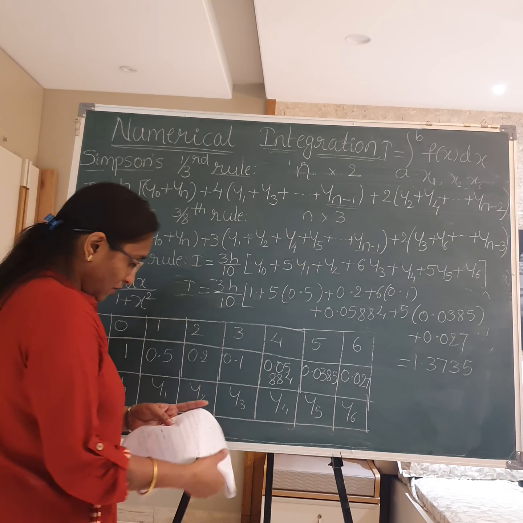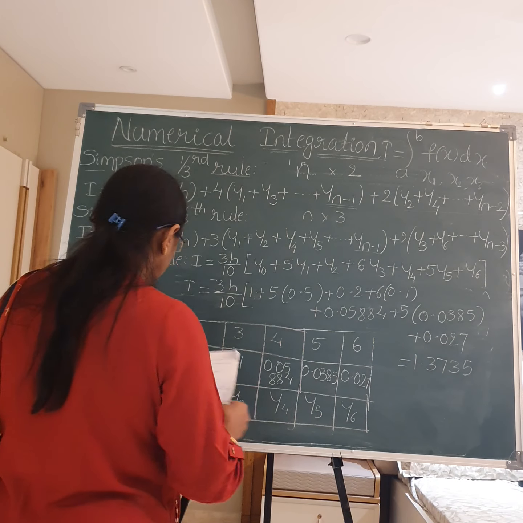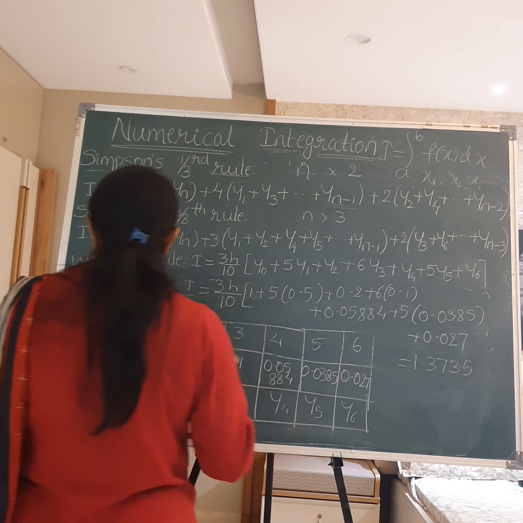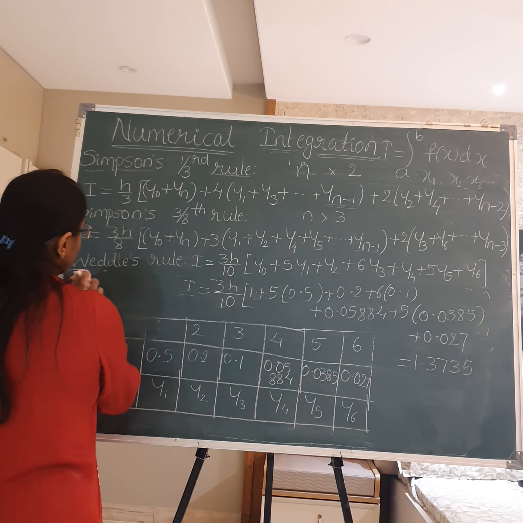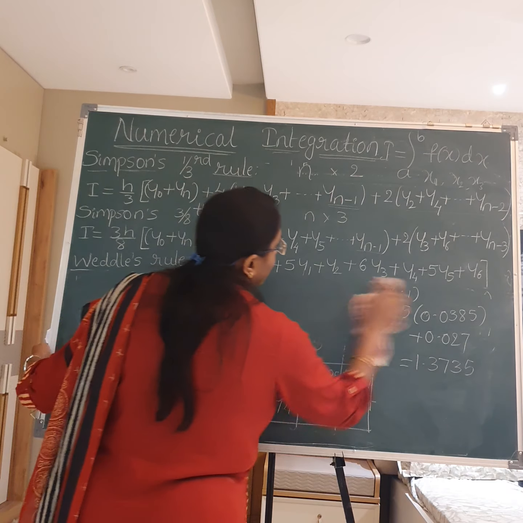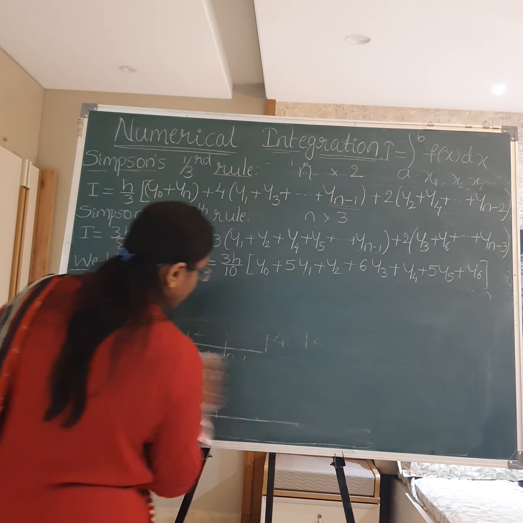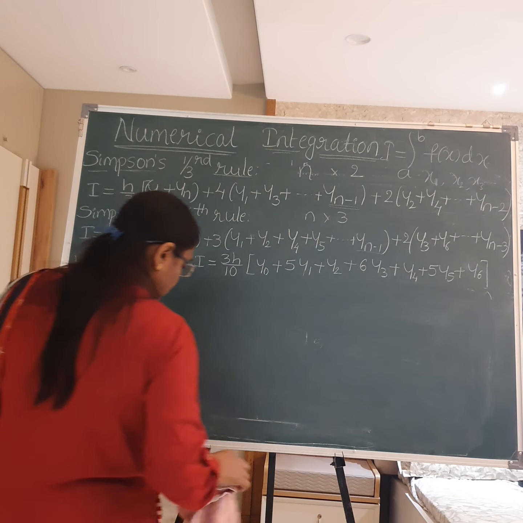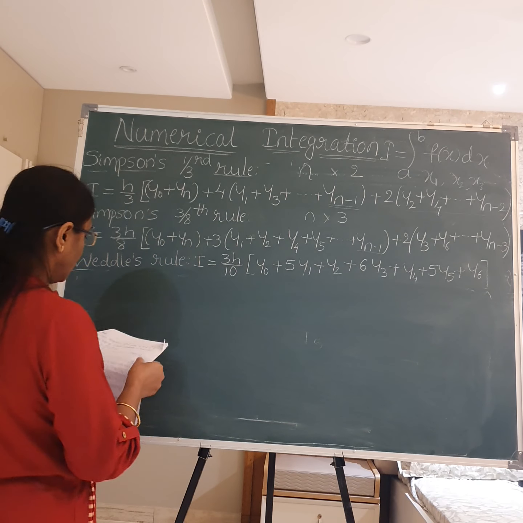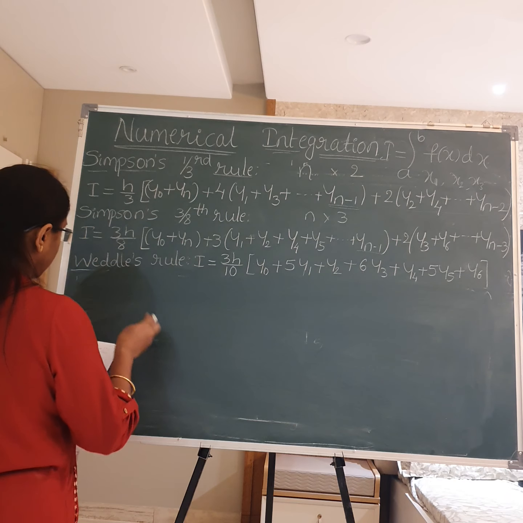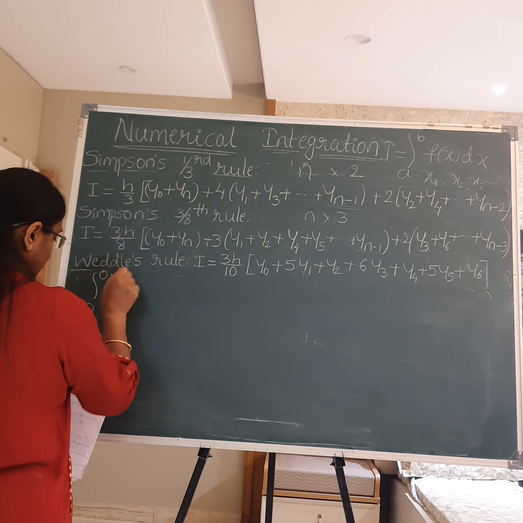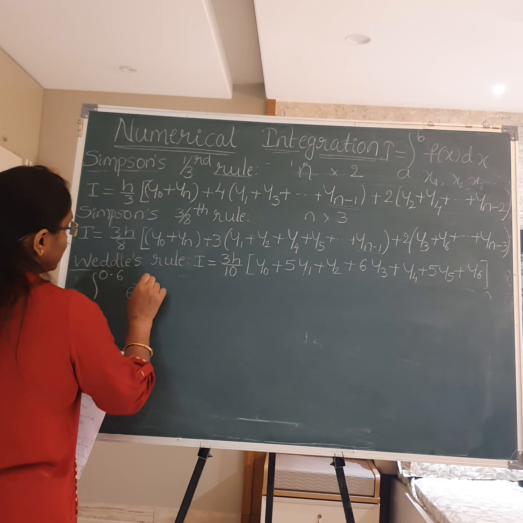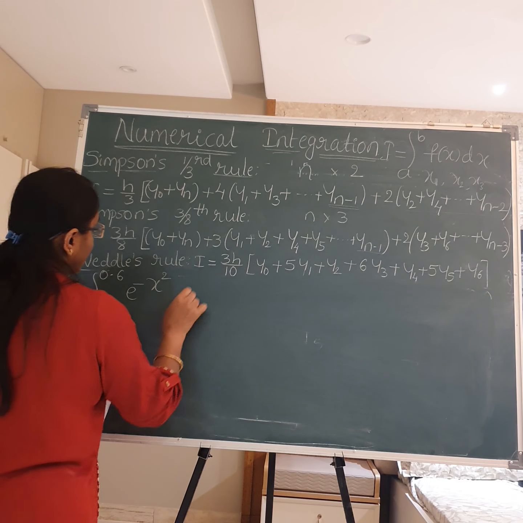Next we will consider one more example, on Simpson's 1/3 rule. I will write the example here. Use Simpson's 1/3 rule to find the integration from 0 to 0.6 of e raised to minus x square dx.